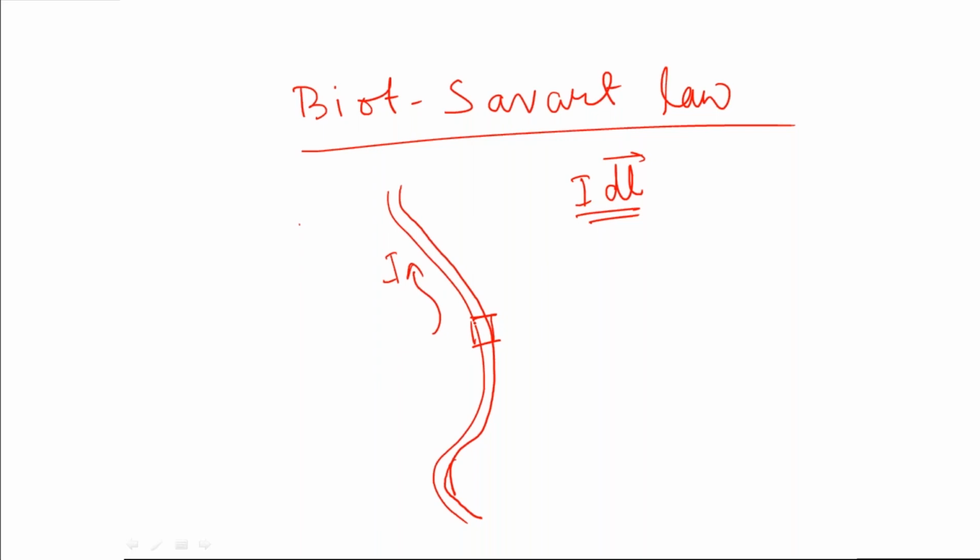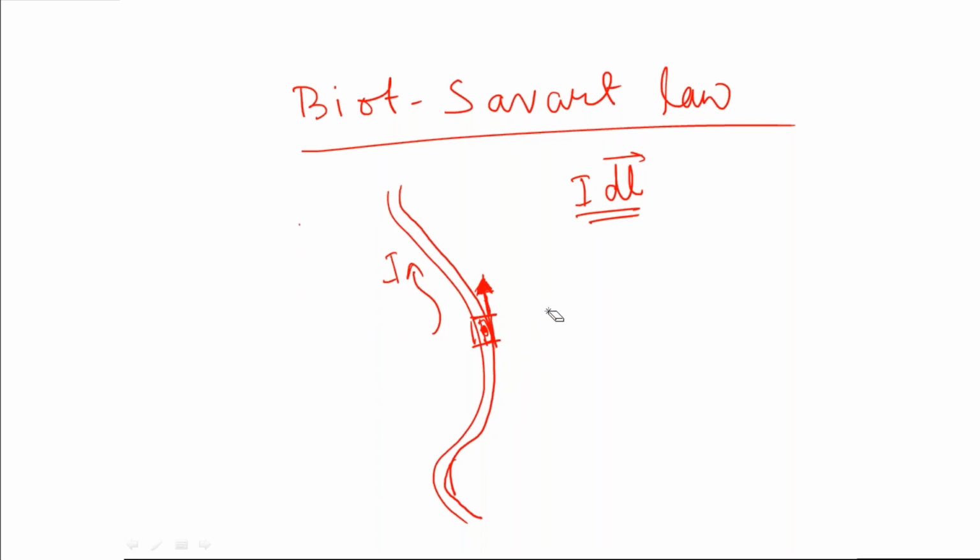The direction of that will be, if you draw a tangent at any point, suppose here I am taking an element, you have to draw a tangent to that point of the wire, and take the arrow of that tangent in the direction of flow of current. That's why I have taken it this way. Otherwise, the tangent can go like this also, but I haven't taken that because my current direction is this way. So this will be the true direction, upwards.